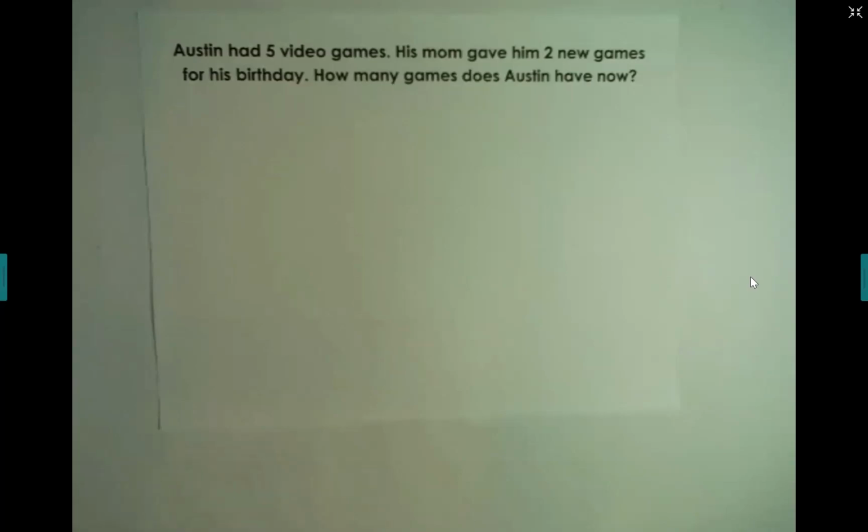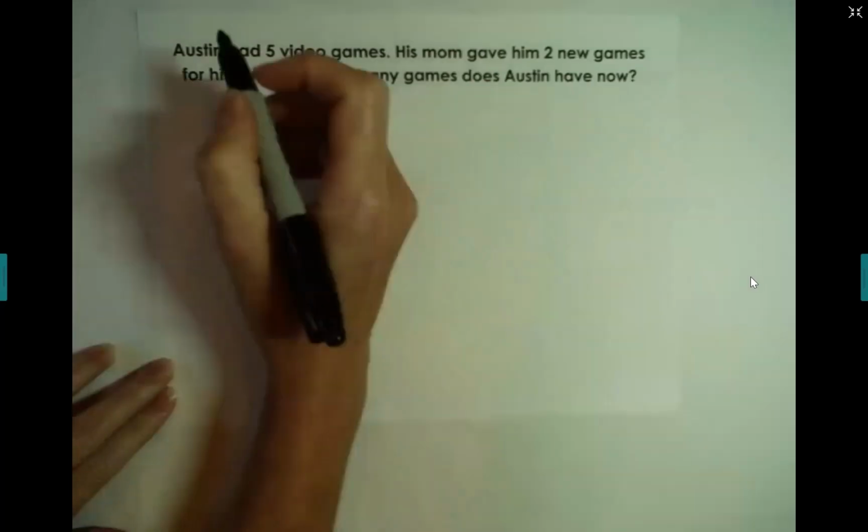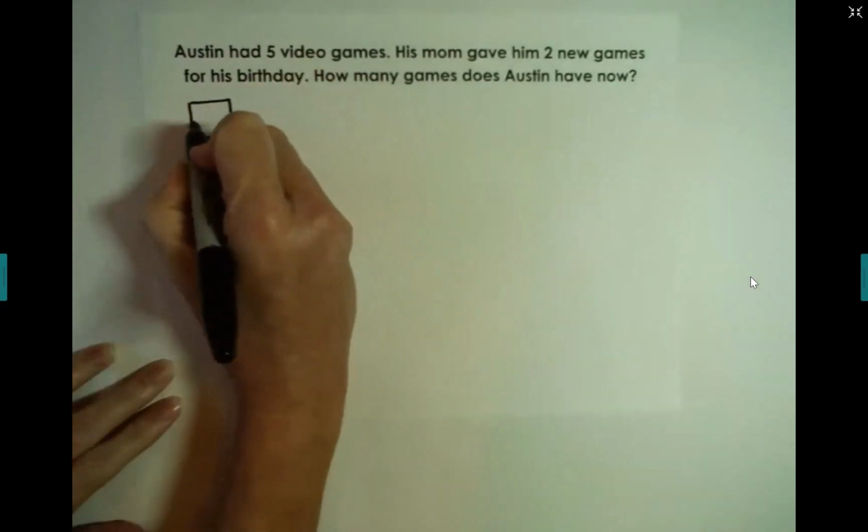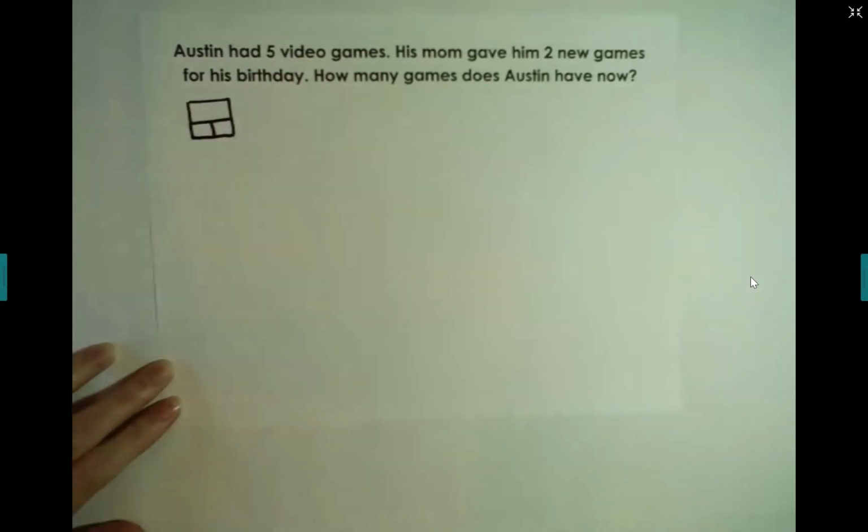So as we think through and make sense of this problem, a part-whole model will be helpful for students to see what parts they know and what parts are the unknown in this problem and make sense of this situation. So we know that Austin had some video games, and then his mom gave him some more video games.